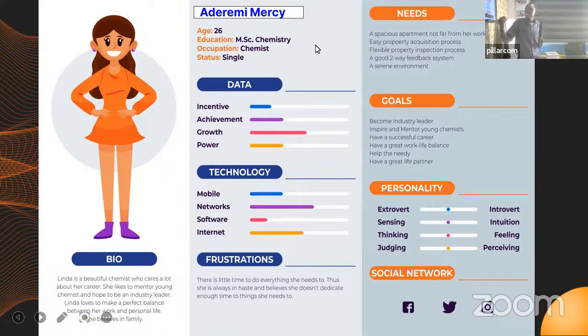If this person is of this age and she has this data, can she afford a property of 200 million? She might not. But can she afford a property of, let's say, 20 million? Probably. So these are the things that we study. Now, she's good with a smartphone. She has networks. She's good with software, and she uses the internet.